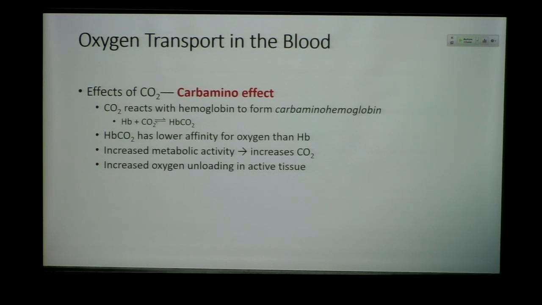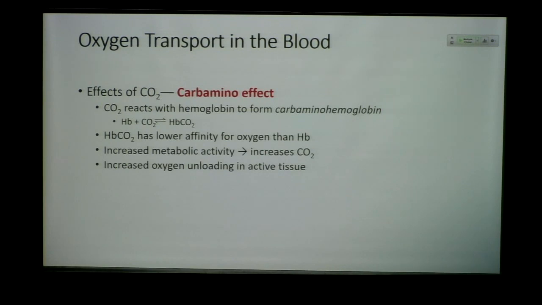Okay, so this again is aligning with that increase in metabolic activity. Remember, CO2 is a byproduct of respiring tissues. And so the more we have metabolic activity, the more CO2 will be produced as a byproduct. And that'll shift our curve left or right. Right. That'll shift our curve to the right?